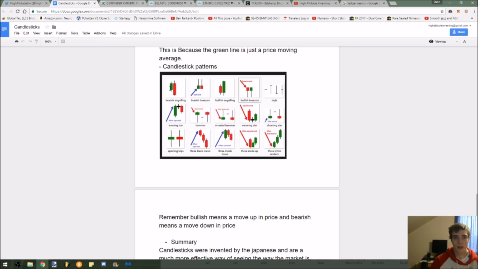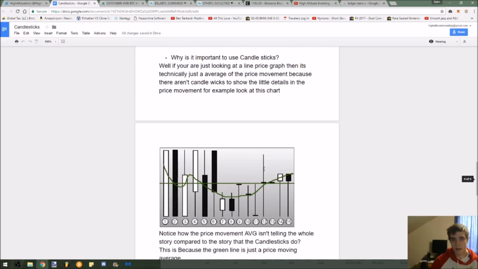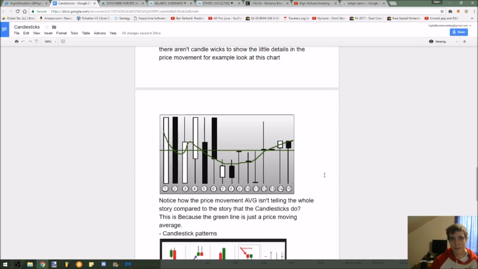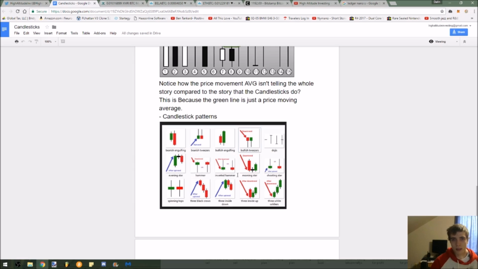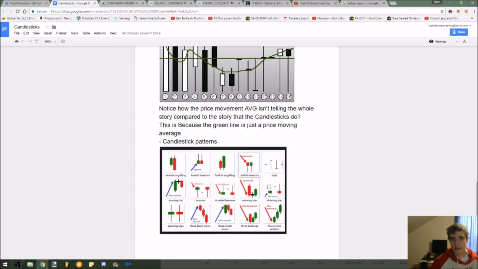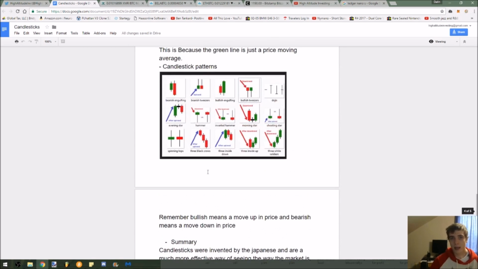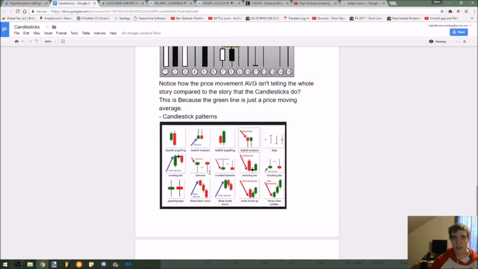So the bearish one closed at a lower point than the bullish one opened, and that's called a bearish engulfing. There's a whole bunch of different ones here. These are dojis, these little things right here. Shooting star. These are basically just some candlestick patterns I use occasionally to look for certain indications of where the price is going to go.